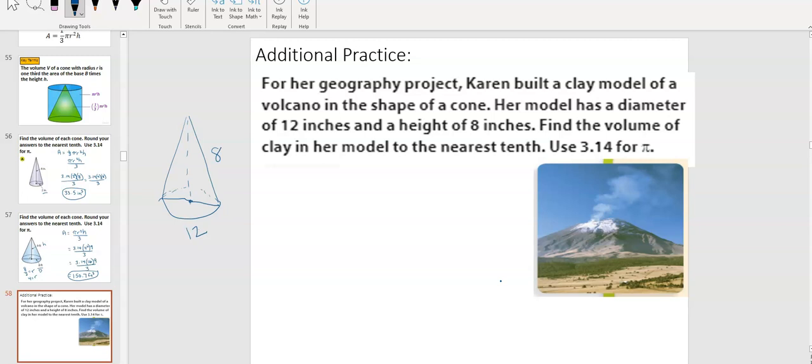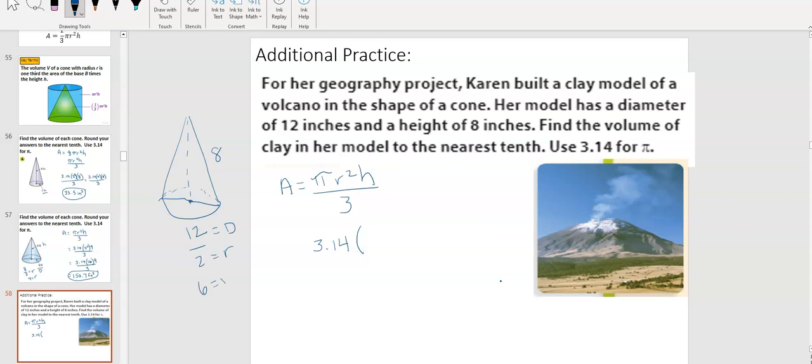Okay, so we're going to go ahead and use our formula, pi r squared h divided by 3. So I'm going to go ahead and do 3.14 times, oops, this is my diameter, so it means I need to divide it by 2 to make the radius.